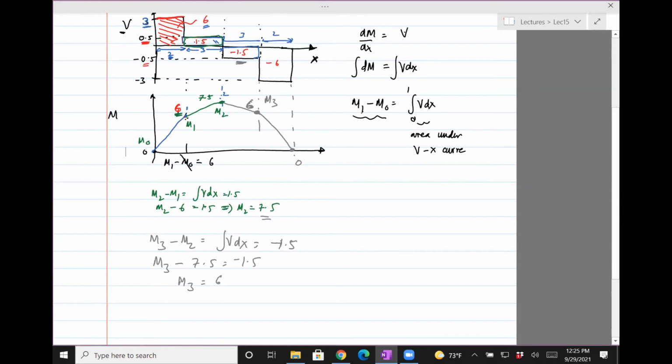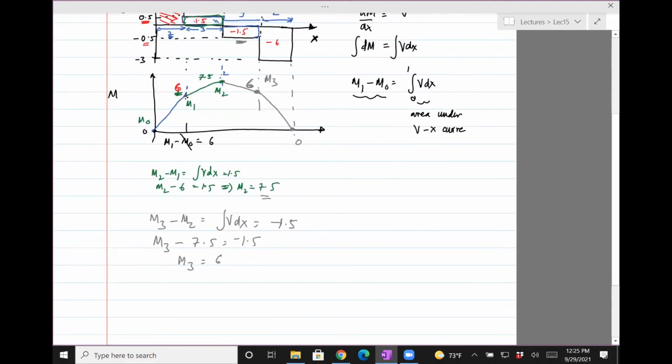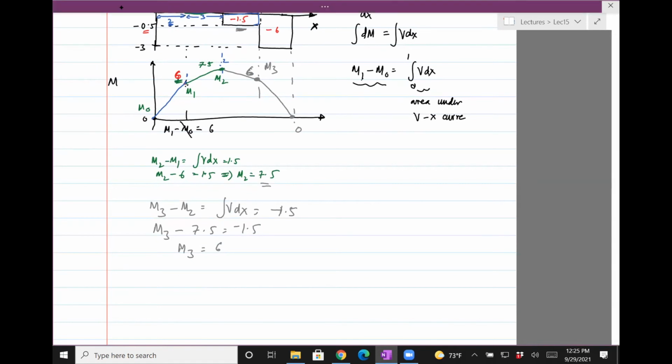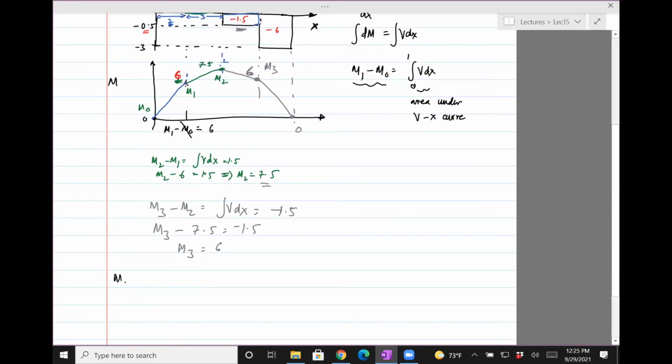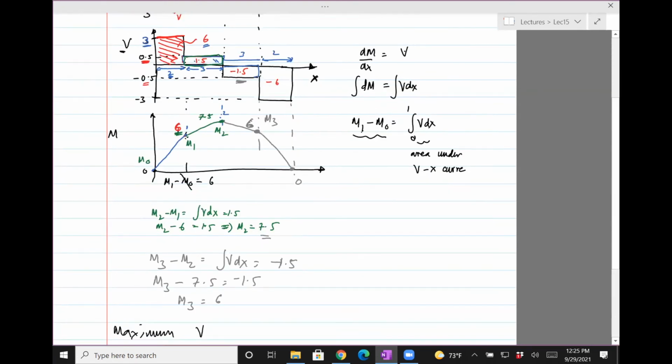Okay, so we got that. What we were after here was, we want to find the maximum V, right? Because that's the place where it will fail in shear. And we can say the maximum V is here or there.